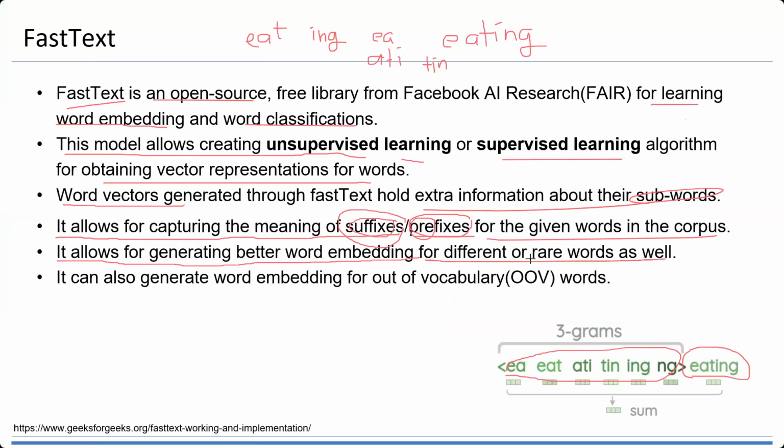So if there are very rare words or less frequent words, there is also a high possibility with FastText. And it also can generate word embedding for out of vocabulary words, or OOV words, because they use the representation based on the neural network.